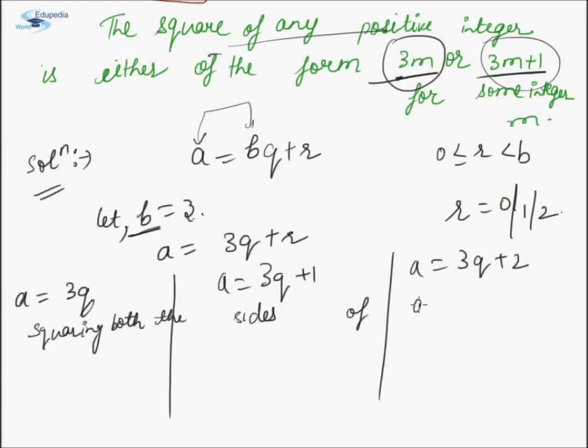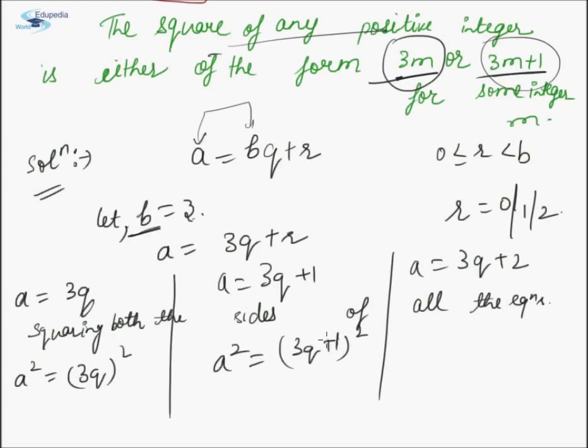Of all the equations, we will get a square is equal to 3q whole square. Here we will get a square equal to 3q plus 1 whole square, and here we will get a square equal to 3q plus 2 whole square.